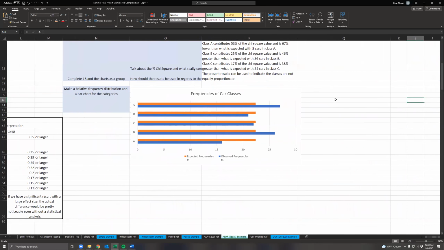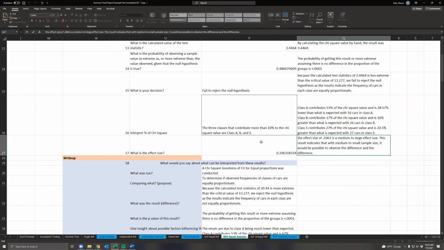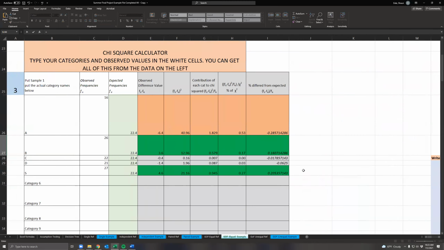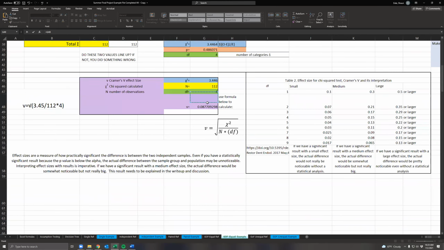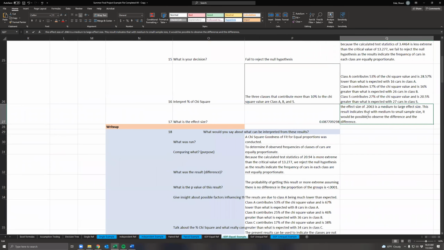Okay, so we're going to come over here and we're going to say the effect size equals, that way we can have the effect size right next to us. Okay, so the effect size of 0.0877 is a small effect size.